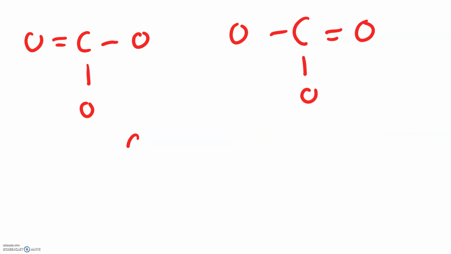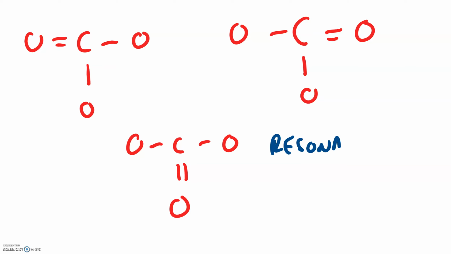And each of these would be equivalently valid. In fact, your textbook refers to these as something called resonance structures, because what it's saying is each of these Lewis structures is equally valid, and it doesn't matter where we put the double bond.